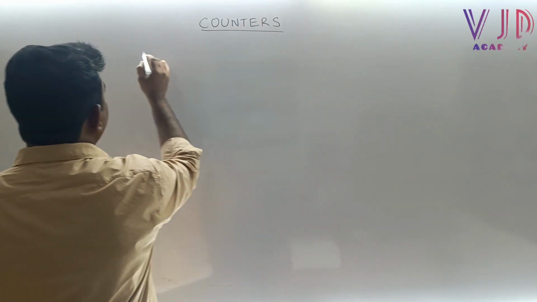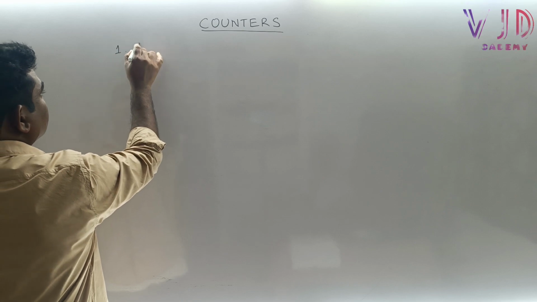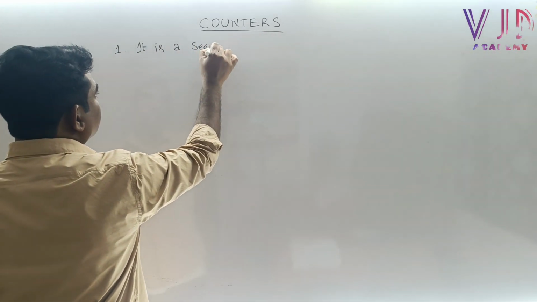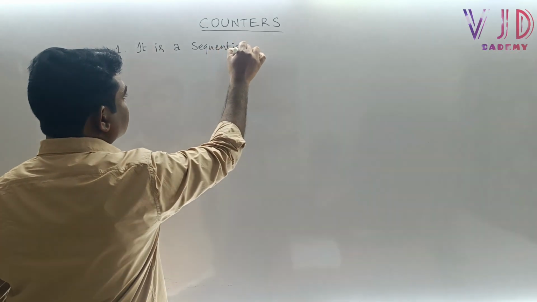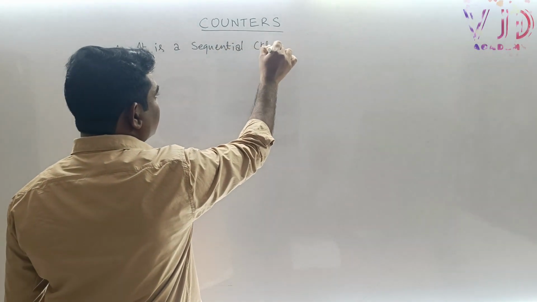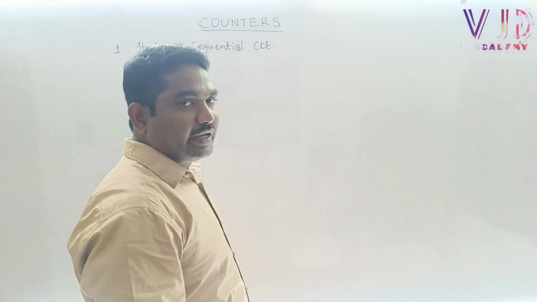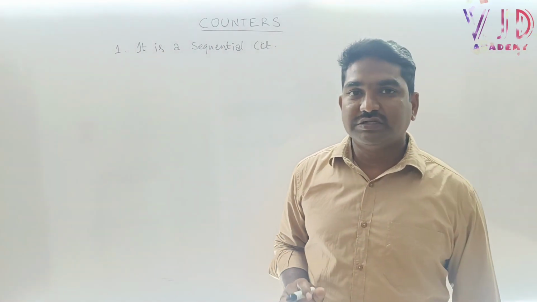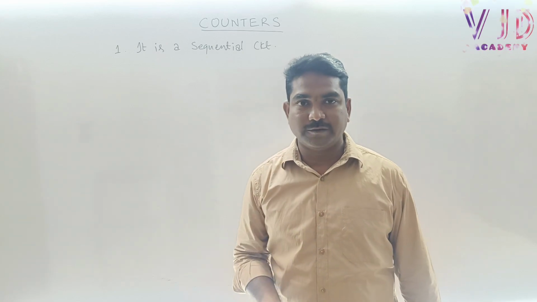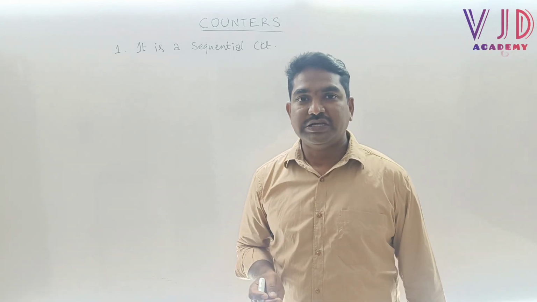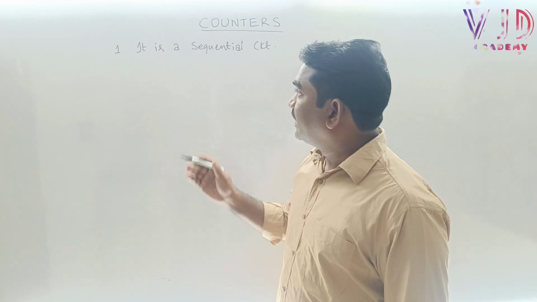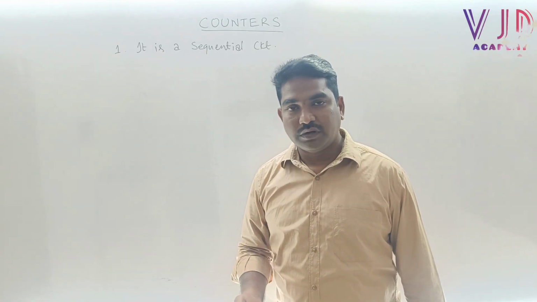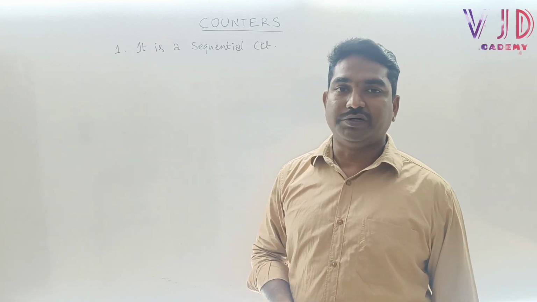So first of all, it is a sequential circuit. The moment I say any kind of digital circuit is a sequential circuit, that means it follows the basic steps of a sequential circuit, which means its output depends on its present input and also its previous output.